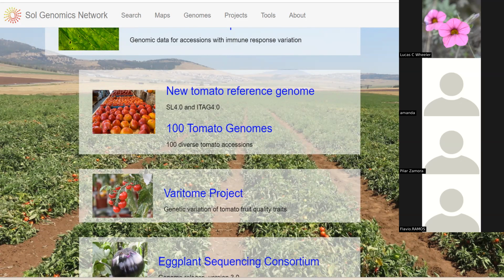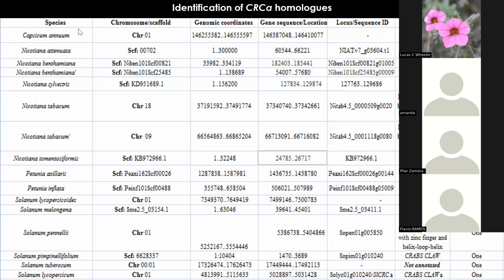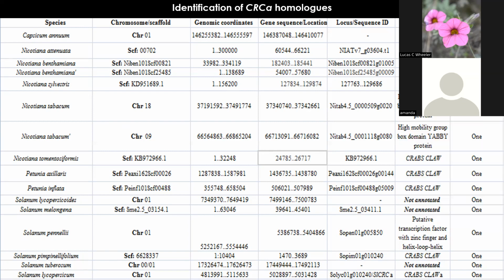So I used the Sol Genomics Network database, and I used the annotated copy. There is a CRABS CLAW A gene which has been confirmed for its expression in Solanum lycopersicum, which is without nectary.